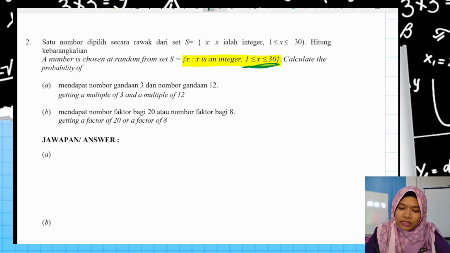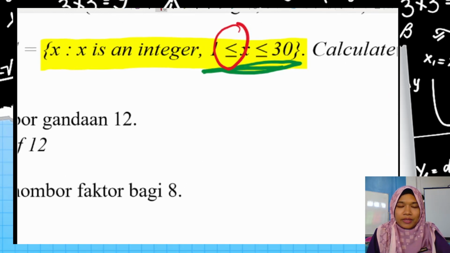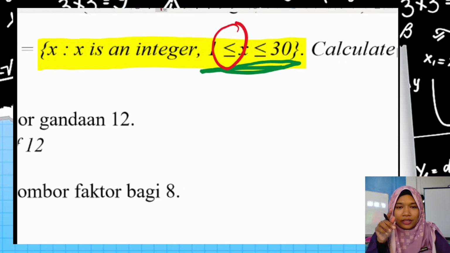It is based on the symbol here. It has x less than or equal to, and x greater than or equal to. Ada tanda equal means that it includes 1, and it also includes 30.